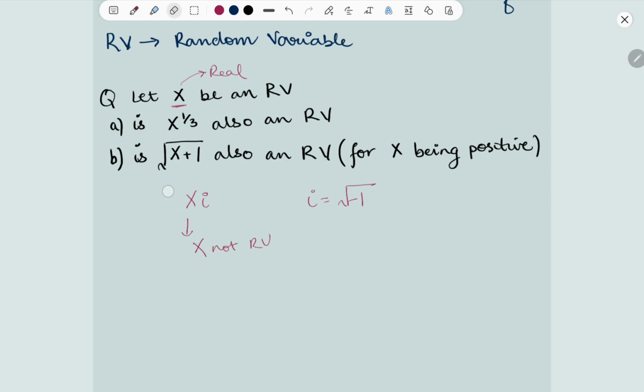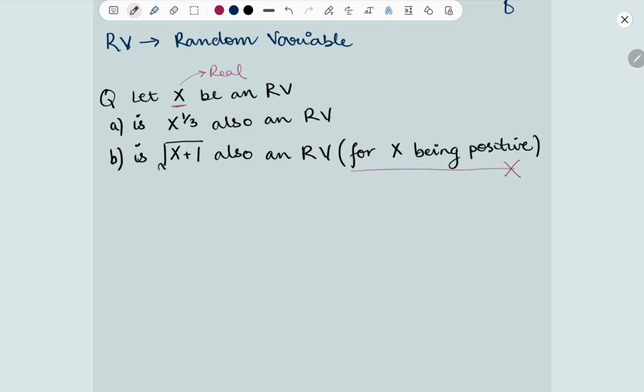So now, is square root of x plus 1 a random variable? For x being positive, see, if this condition would not have been given, then we wouldn't be sure whether it is a random variable or not, and because of uncertainty we would just say that it wouldn't be a random variable.